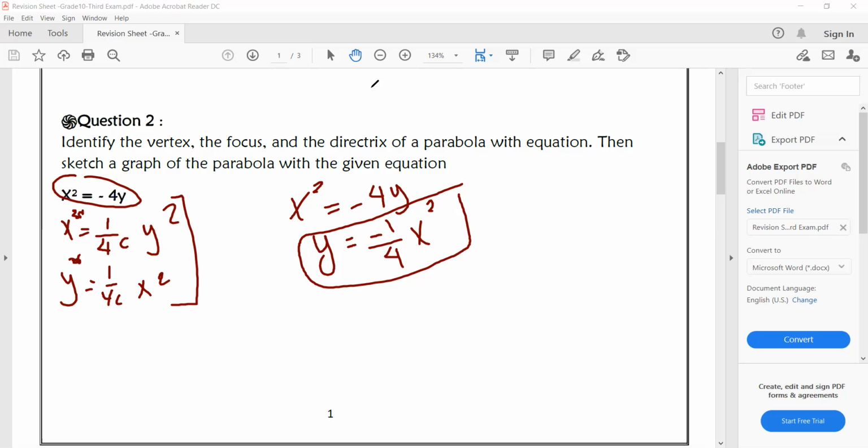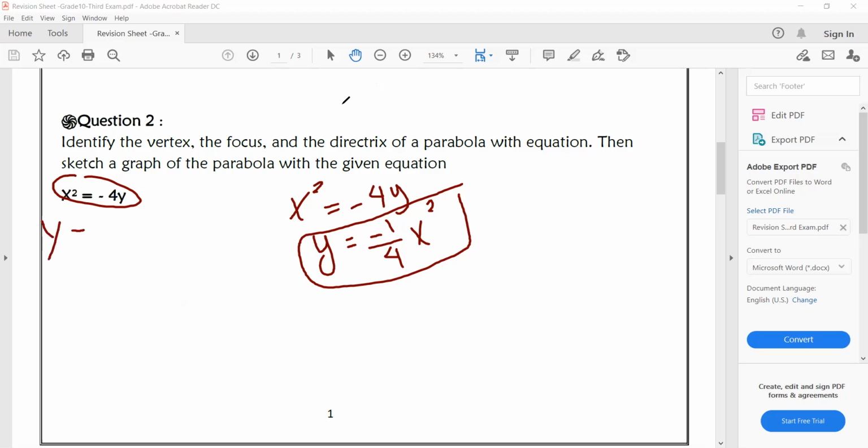Now from this one here, we have to identify the vertex, the focus, and the directrix. The vertex is at the origin. Before that, we said that the graph here was y equal negative 1 over 4 x squared.